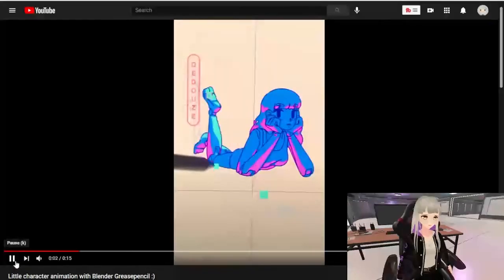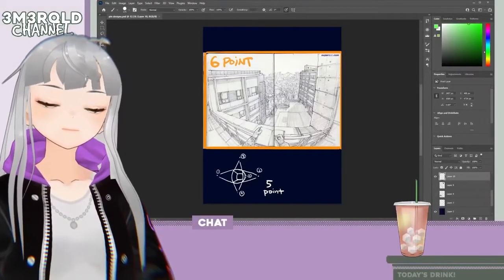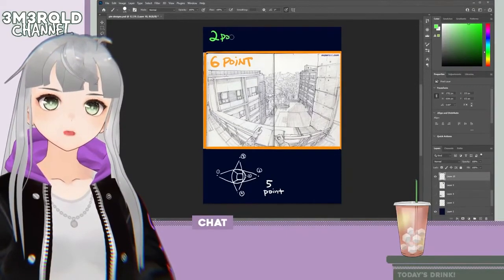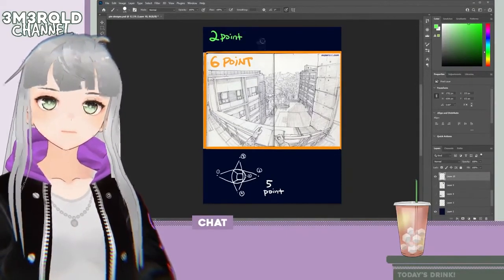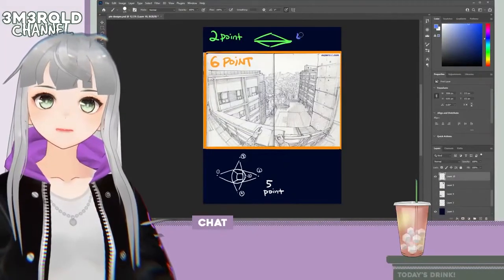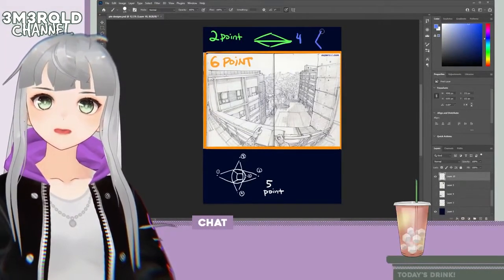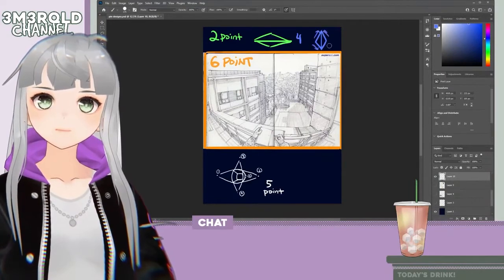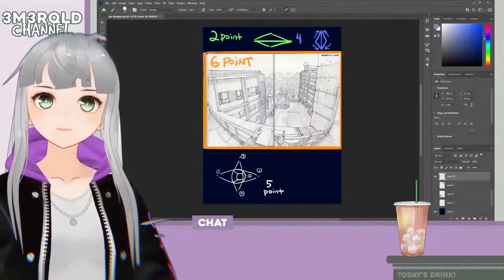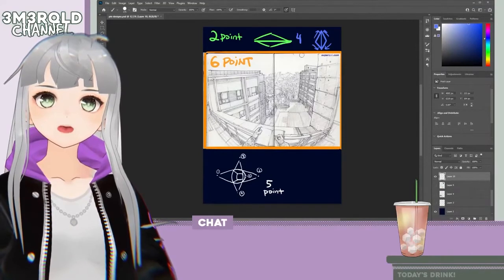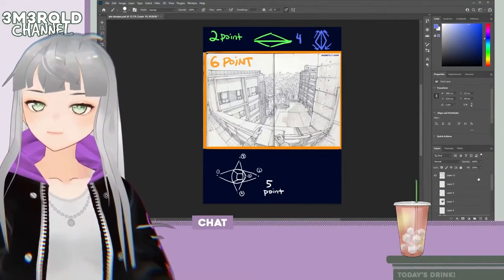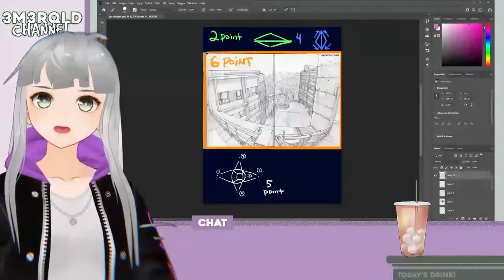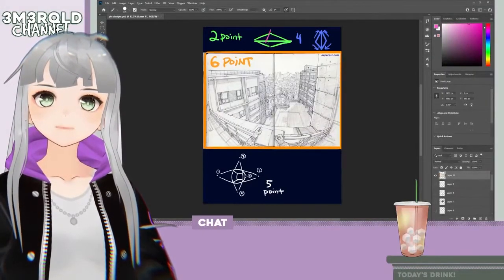That's insane. So far, what we've explored is 2-point perspective. We've explored 4-point perspective by adding up and down. Lines converging when you look up and when you look down. So when you want to make 6-point perspective, you can ask yourself, what do you have to add to these two?